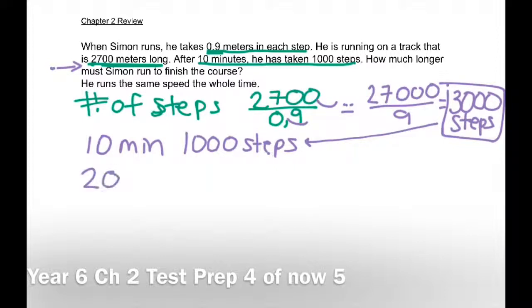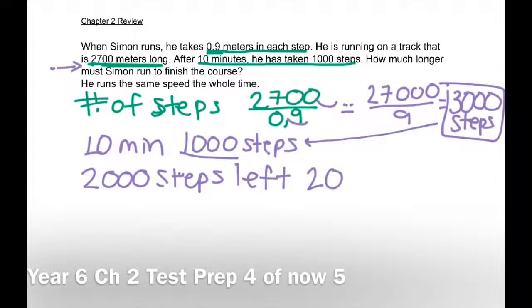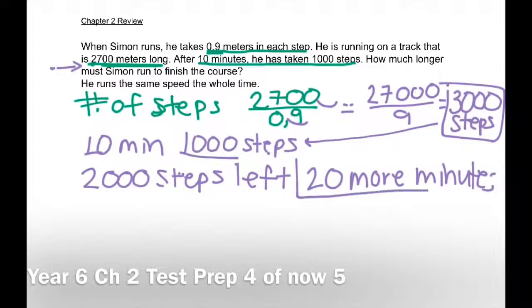He would have 2,000 steps left. So if it takes 10 minutes to go 1,000 steps, it will take him 20 more minutes. So he has left to run 20 more minutes.